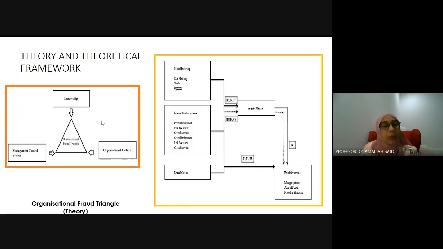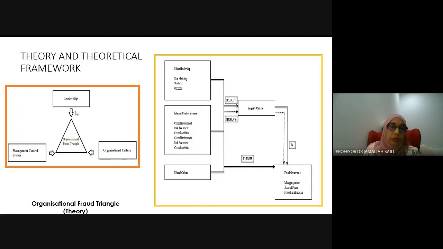This theory argues that organizational-level fraud occurs because of three things: leadership, the management control system, and the culture. So if you want to mitigate fraud, you handle these three things. Take care of the leadership, take care of the control system, develop a good organizational or ethical culture. That's what the theory says.